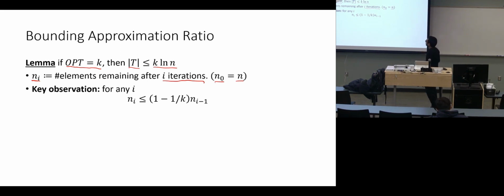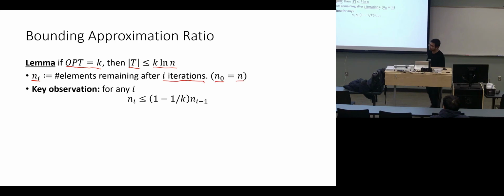Now the key observation is this. For every i, Ni will shrink compared to Ni minus 1 by a factor of 1 minus 1 over k. So it kind of shrinks exponentially at every step. Okay.